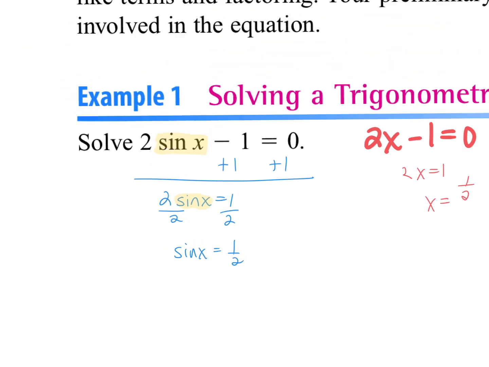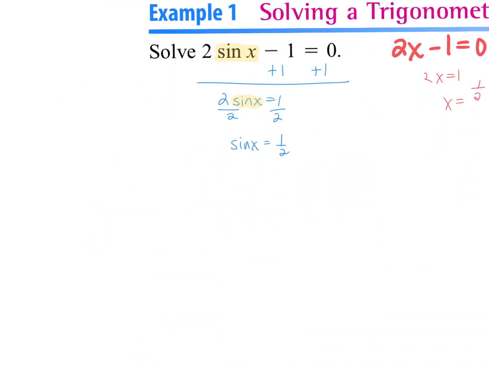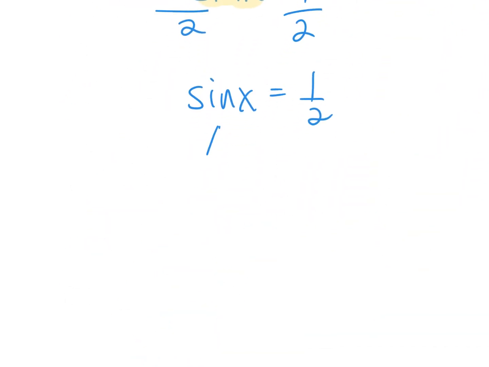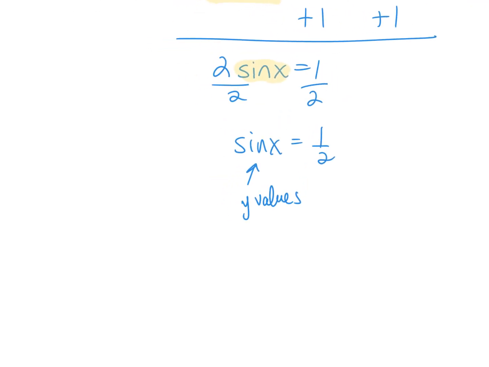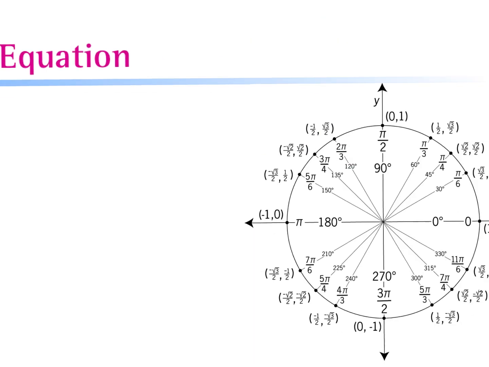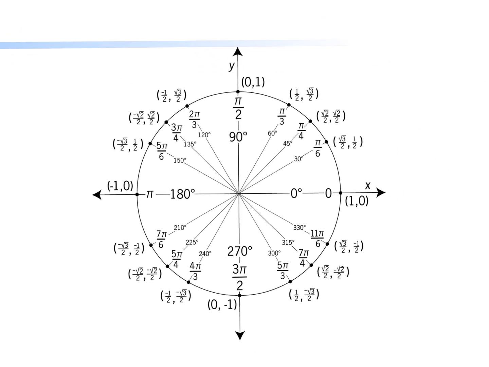So this is where we go back up to this little chart up here. What is sine? Your y values, correct? So you're going to go to your unit circle that I'm going to give you, and you're going to find where all of the y values are positive 1/2. So go to your unit circle over here. Where are your y values positive 1/2? But what the actual angle is, we want it in radians.